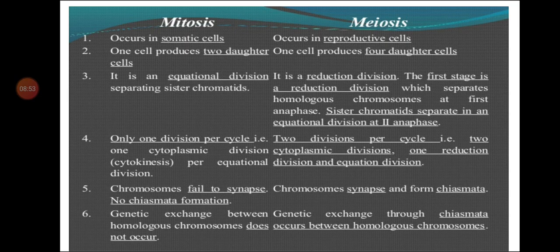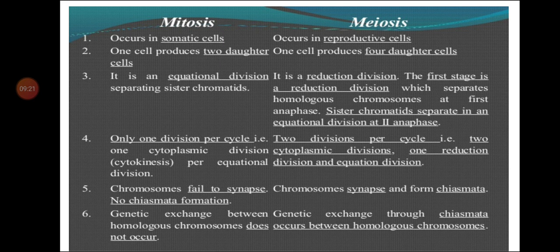Sister chromatids separate in an equational division at second anaphase. In mitosis, only one division per cycle, that is one cytoplasmic division per sequential division.